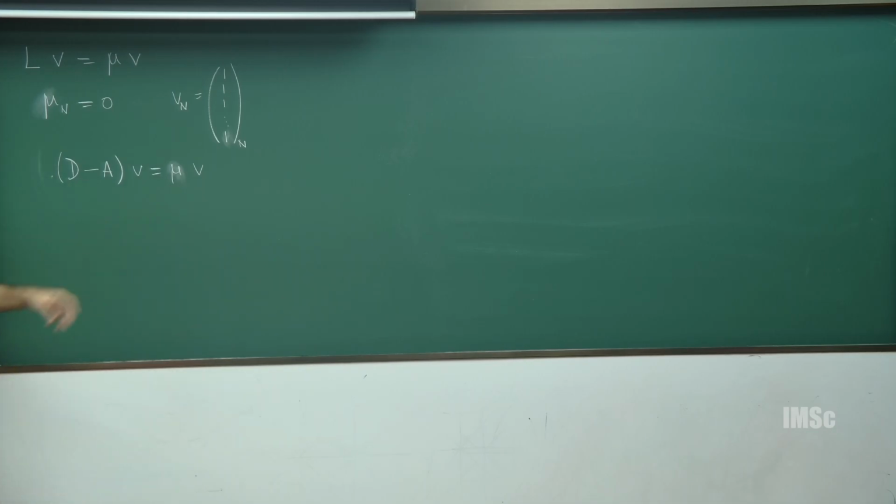D is what again? D is a diagonal matrix where the entries are all the degrees of the nodes. So d1 is the degree of the first node and so on.